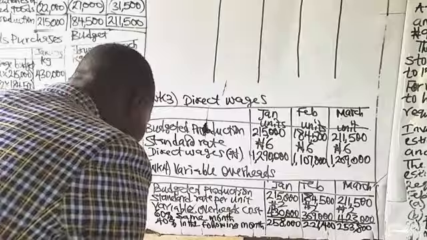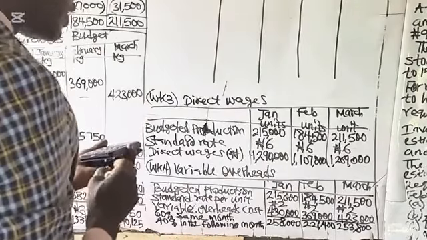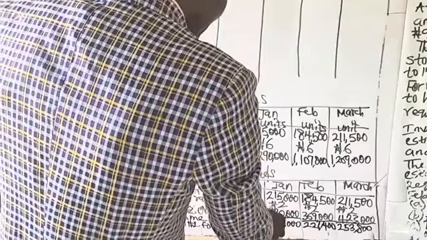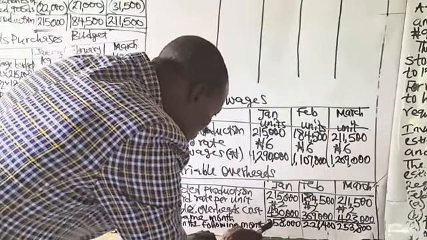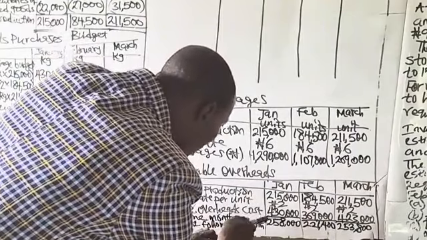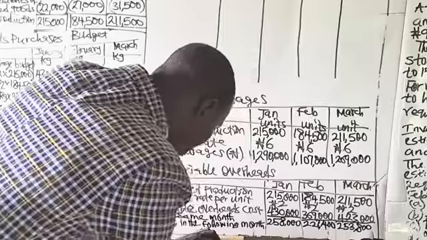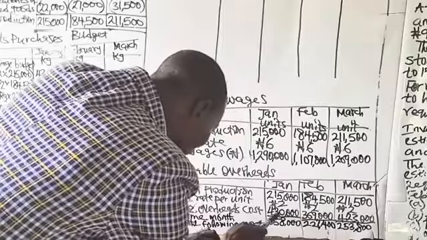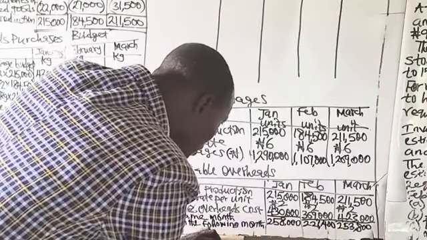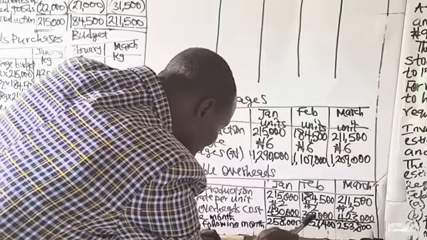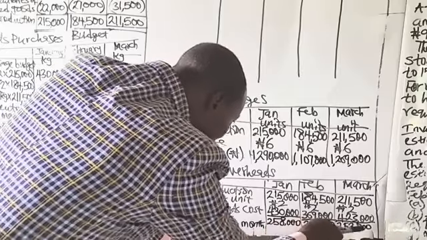Then 40% of the amount incurred will be paid in the following month. 40% of the amount incurred in a particular month will be paid in the following month. That means 40% of 430,000 incurred in January will be paid in February. 40% of 369,000 incurred in February will be paid in March.